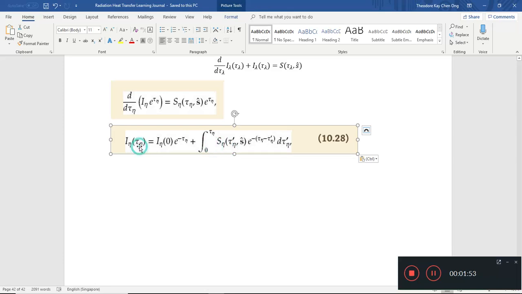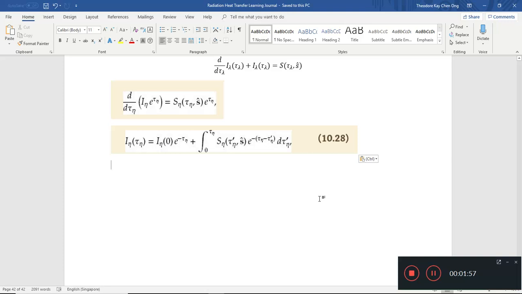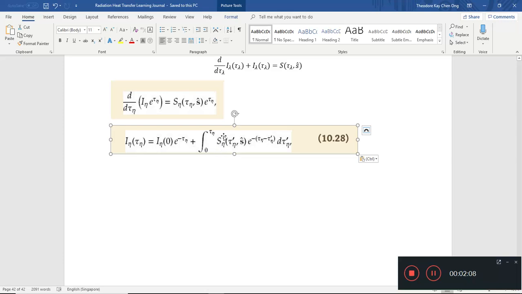To use equation 10.28 in Michael F. Modest's book to solve the RTE is not really practical, because it's very hard to get numbers from it, since there are so many ways this source term can vary. However, this equation still offers us some insight as to what is going on.